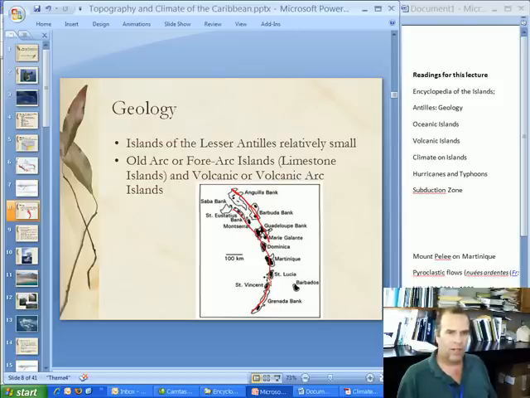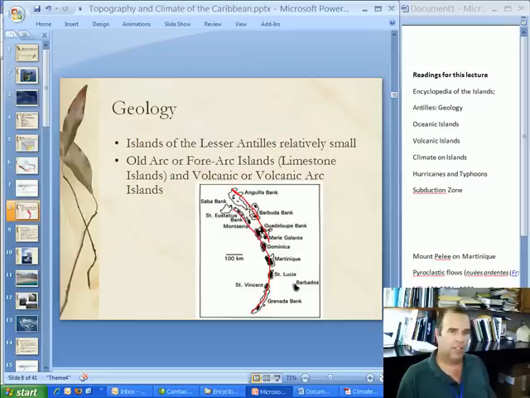All the current volcanic islands also have limestone fringes, but because they're relatively recent, they've still got their volcanic rocks above the water. A lot of these old volcanic islands, their volcanic rocks are now below the water, and all you're seeing is the limestone.